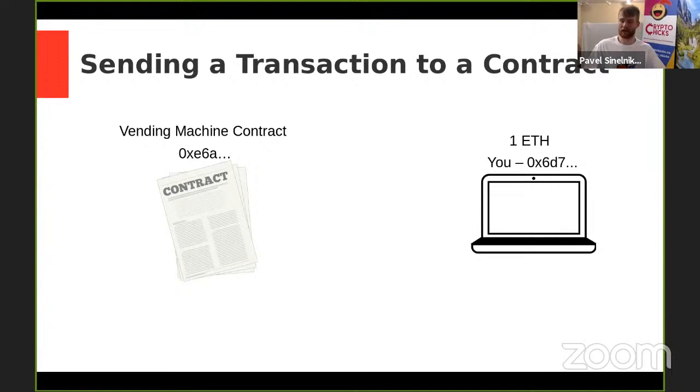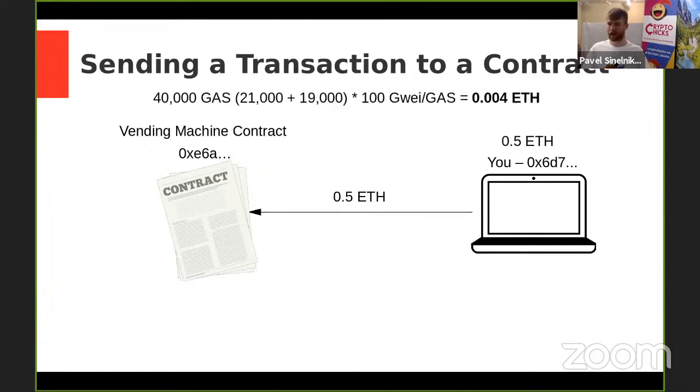Now that we know the menu, now that we know which tokens are involved, we want to send a transaction and buy one of the tokens. So in this case, we send half an Ether, and we also pay a transaction fee. We pay the base fee of 21,000 gas plus a processing gas fee of 19,000, which in total is 40,000 gas.